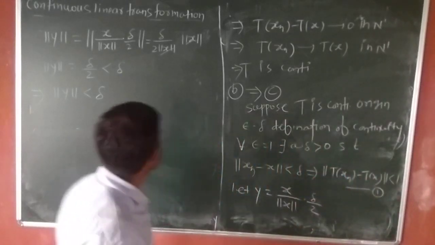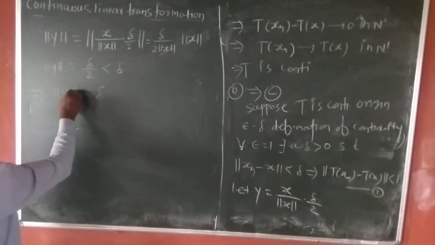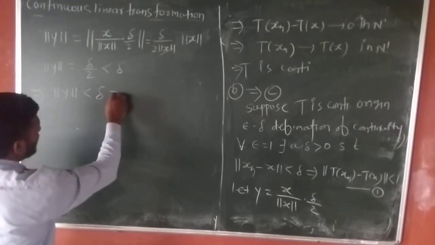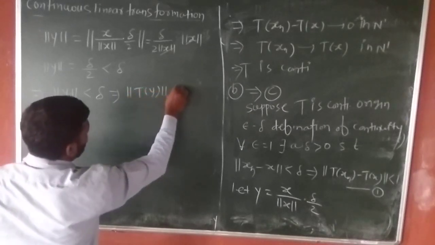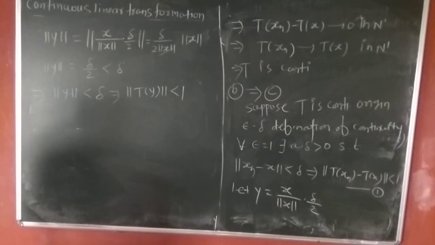So here norm of y minus 0 less than delta implies that norm of T of y is less than 1.